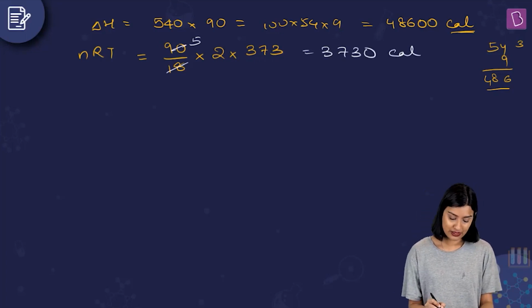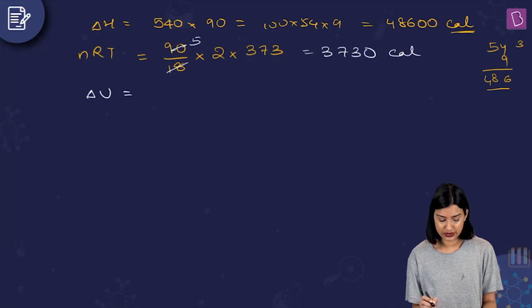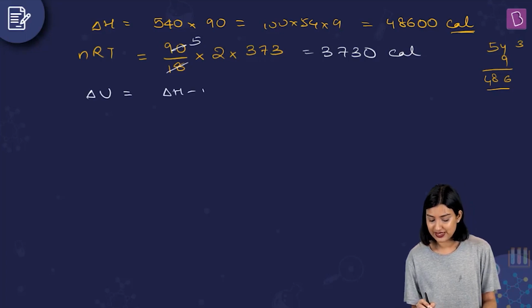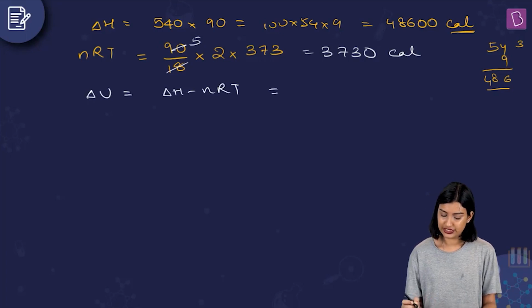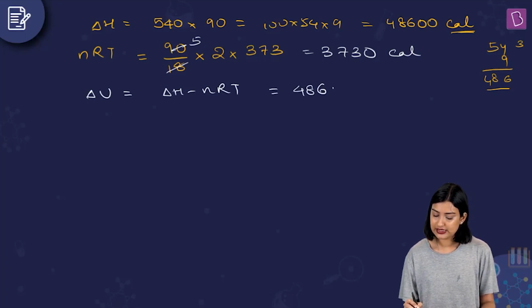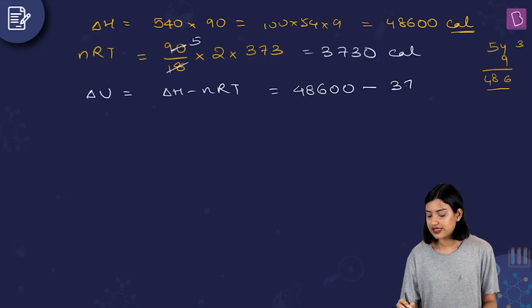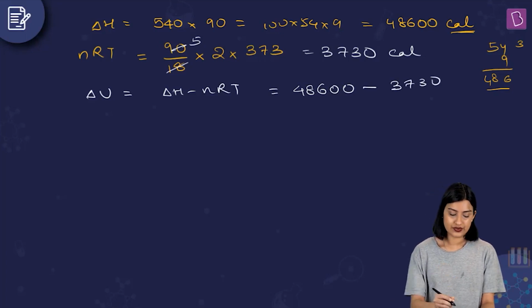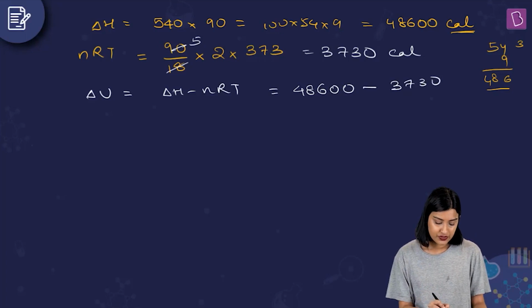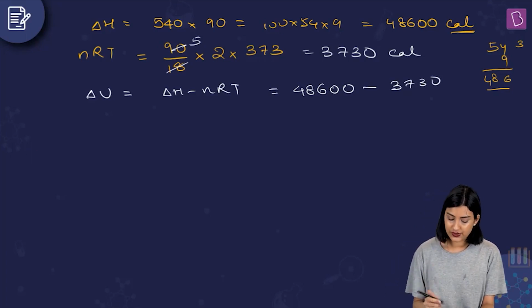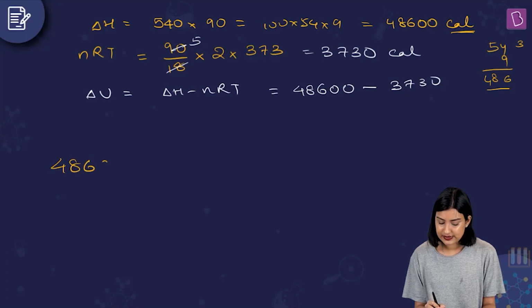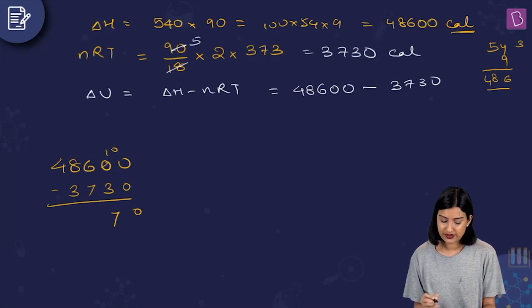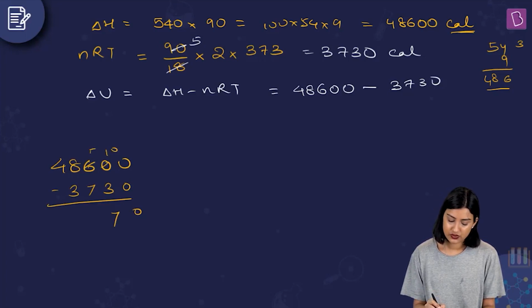What was the formula? Delta U is equal to delta H minus nRT, which is 48600 minus 3730 calories. Let's quickly calculate. 48600 minus 3730.